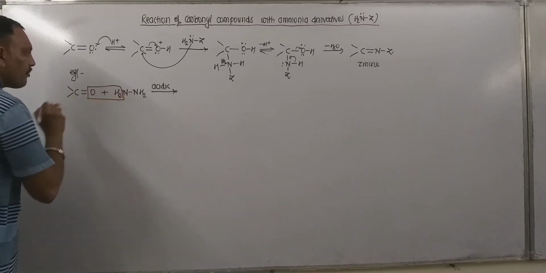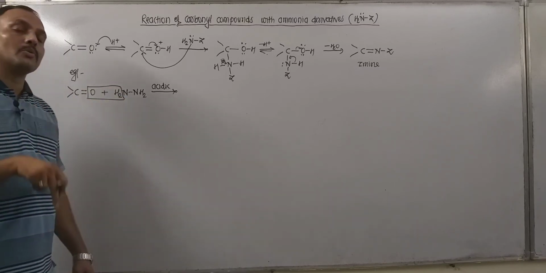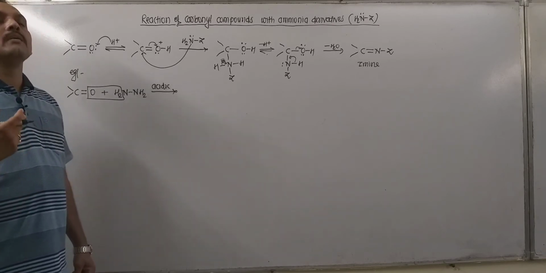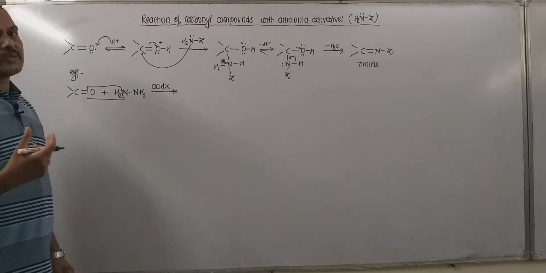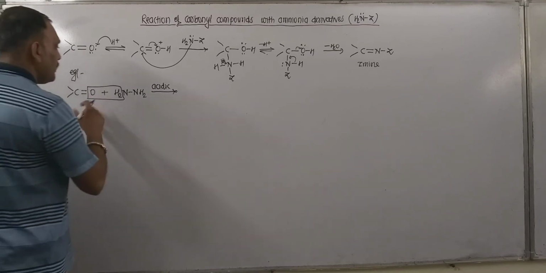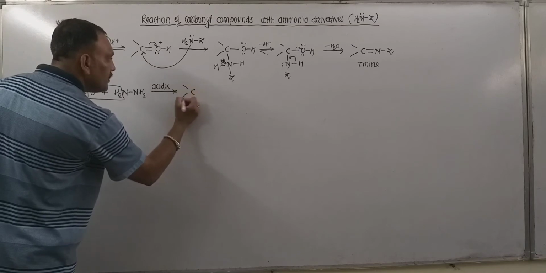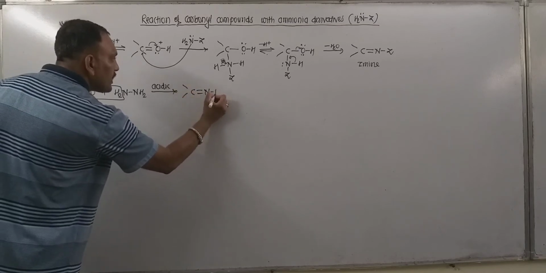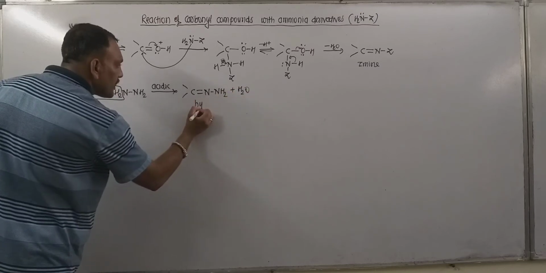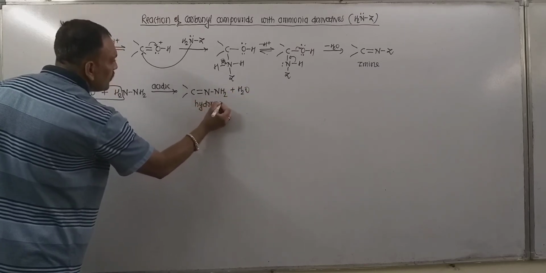Then departure of water takes place, and it is also to be noted that in every reaction water gets departed. I mean departure of water takes place compulsorily, leading to the formation of imine. So right here departure of water takes place, and that leads to the formation of the imine product which can be given as, and this is called the corresponding hydrazone.